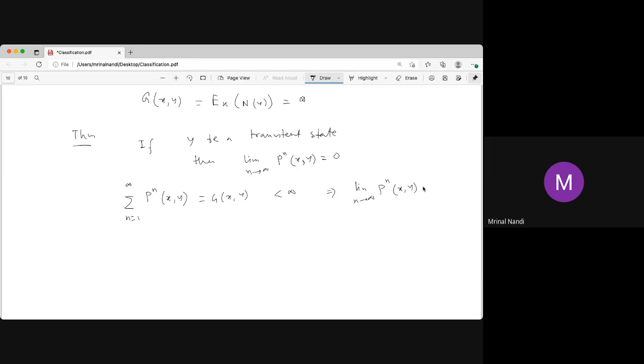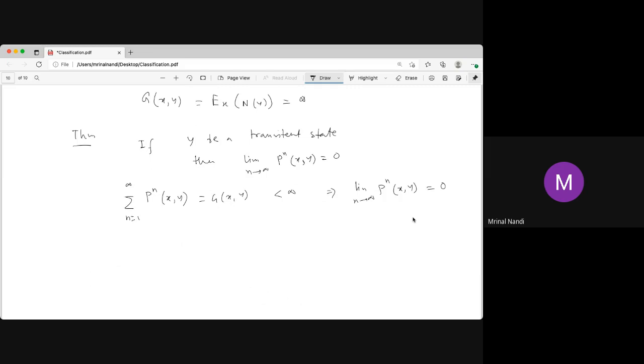If the series converges and all the terms are positive, remember, all the terms are positive, then since the sum is finite, this limit should be 0. So these are all the theorems on transient and recurrent states.